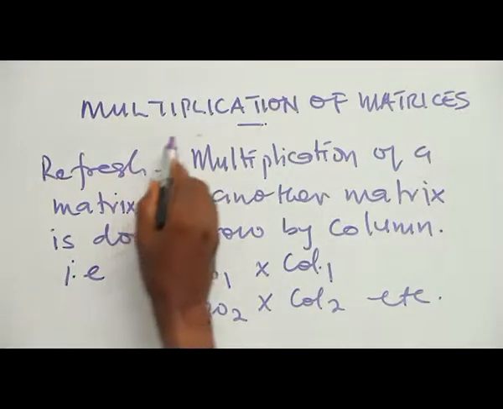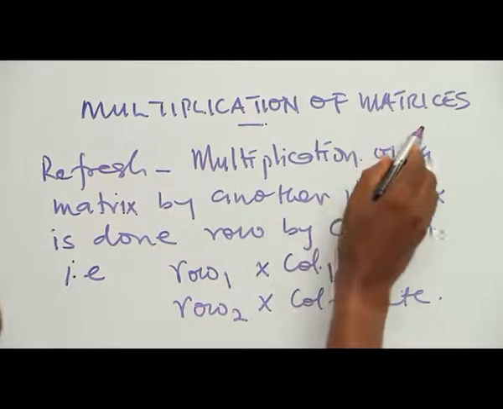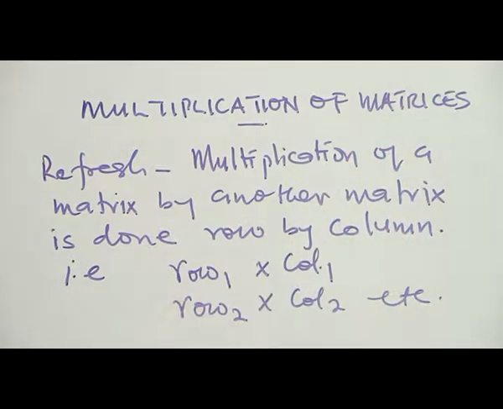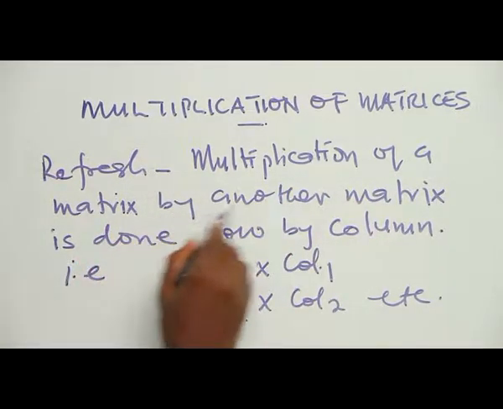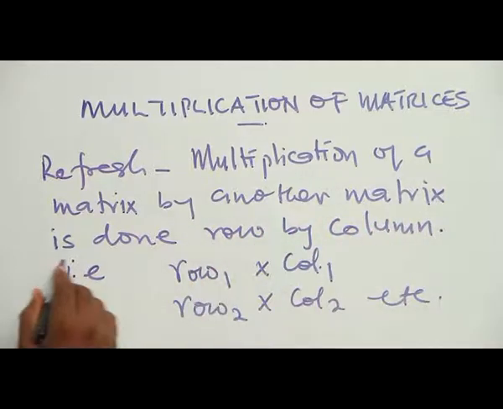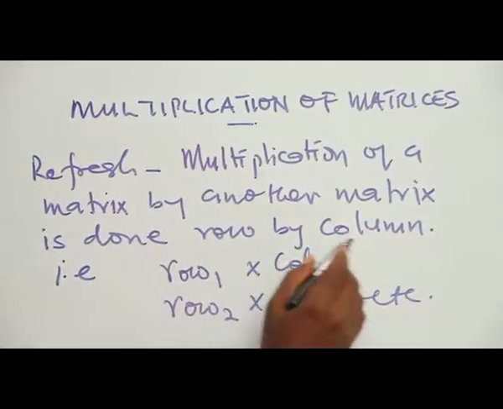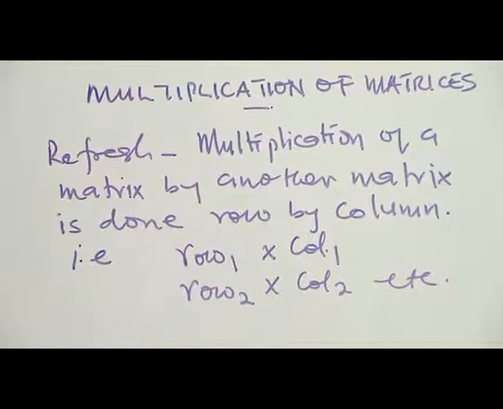Let us now look at multiplication of matrices. We refresh on that. Multiplication of a matrix by another matrix is done row by column. What do I mean by that?